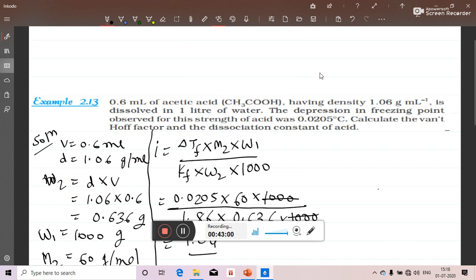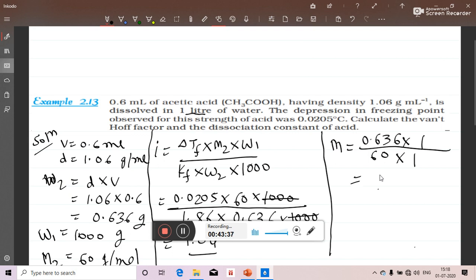Molarity is the concentration. So molarity is equal to weight of solute, that is the weight of acetic acid, 0.636 upon molar mass of acetic acid, 60, into 1 upon volume of solution in liters. The volume of solution can be taken as volume of water only, because here the solute is very negligible. So volume of solution is 1 liter. When you solve this, you will get 0.0106 molar. This molarity we have to use as concentration.